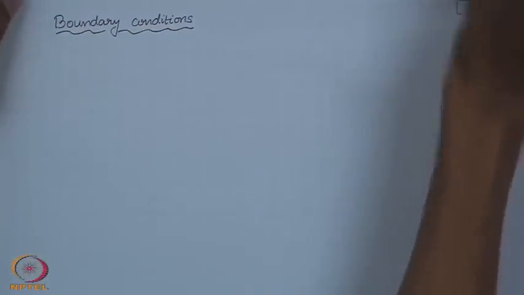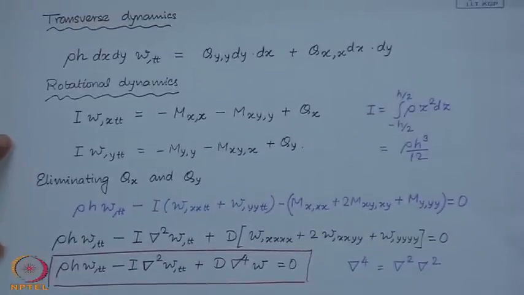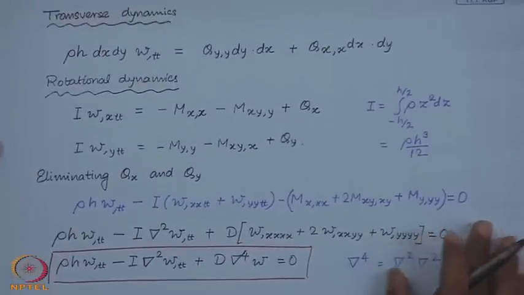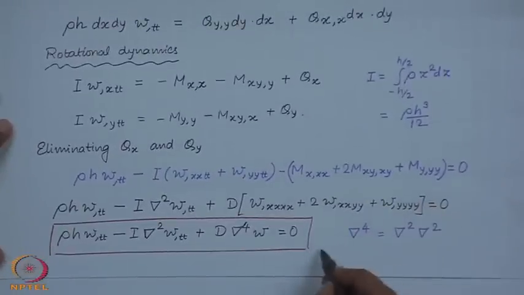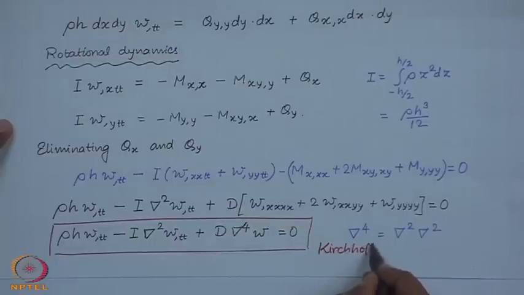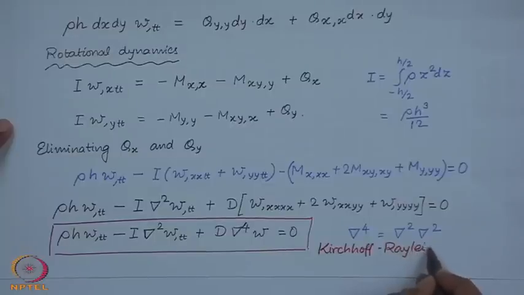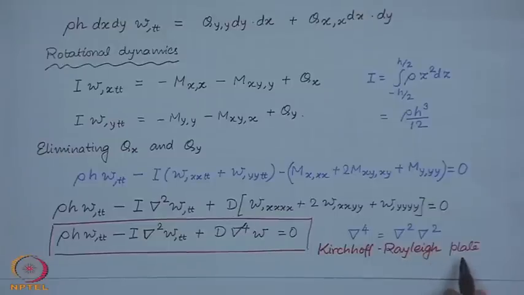So, this model is known as the Kirchhoff-Rayleigh plate model.